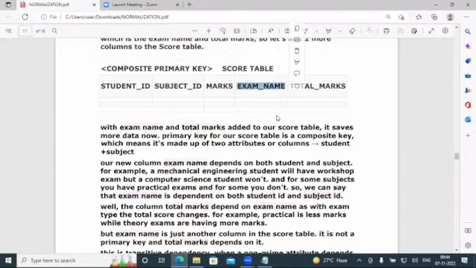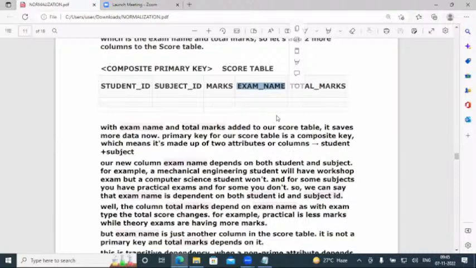How, sir? For example, in your BTech, MTech, whatever it is, every subject has two examinations. Yes or no? In your BTech, is there any subject where you wrote two exams? Internal and external. Otherwise, somebody says theory exam and practical exam. Theory exam 75 marks, practical 25 marks for your subject 1. Then subject 1 total marks, how much? 100.